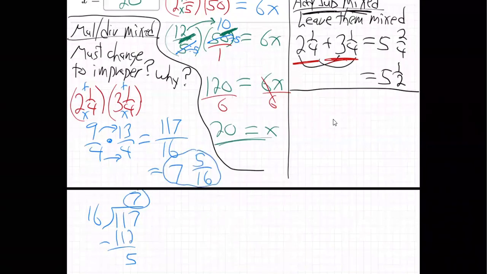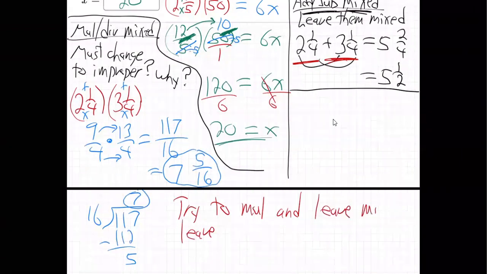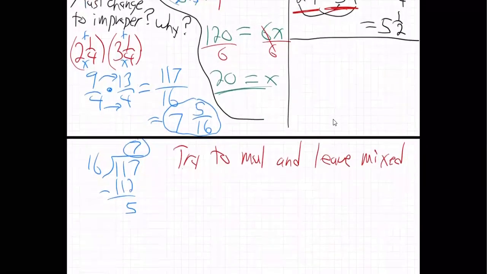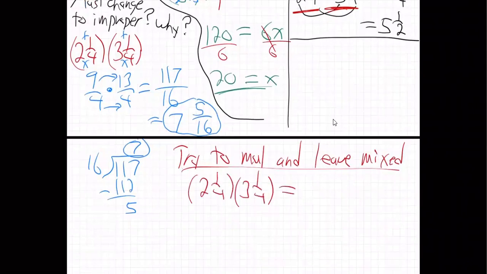Okay. What if we tried to multiply and leave them as mixed? How would it work? 2 1/4 times 3 1/4. Instead of changing, what if we just left them mixed? How would you multiply those?